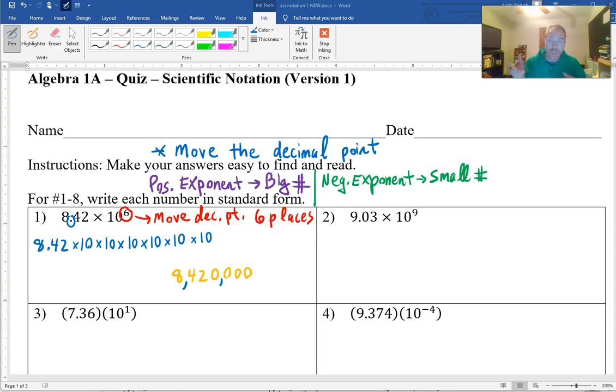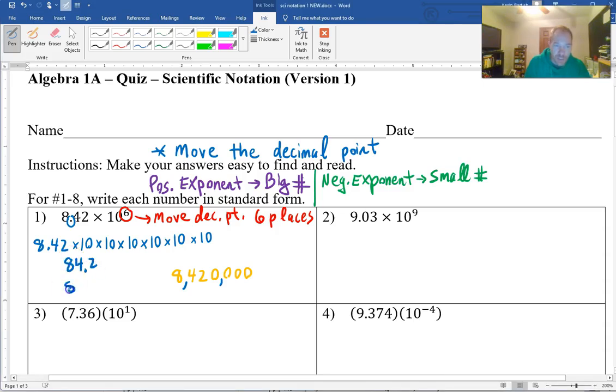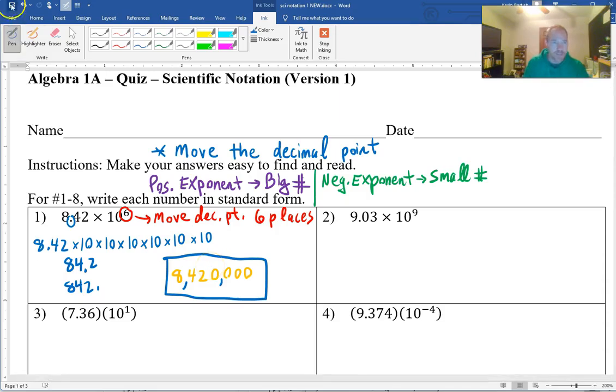So 8.42 times 10 would become 84.2, times another 10 would become 842, etc. We just keep moving that decimal point every time we multiply by 10. And so doing it 6 times leaves us with 8,420,000.